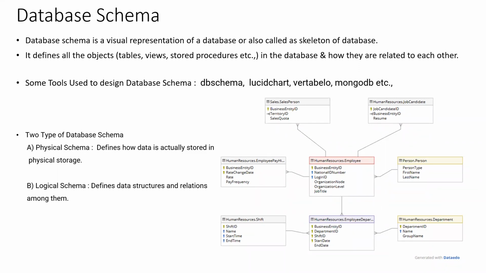And logical schema is something which I've just explained, which is basically to create the data structures, tables, and columns inside them, and how each of these tables are linked with each other. So that is what is called logical schema. Generally, by default, when we talk about schema, we typically mean a logical schema.